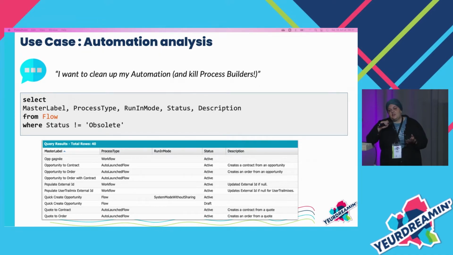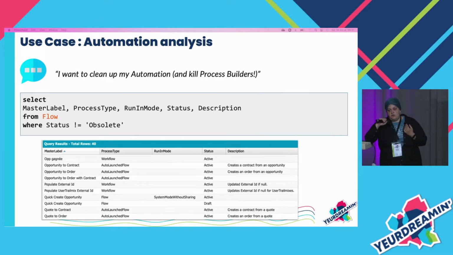Well, deactivated is obsolete in this kind of table. So to retrieve only one single line with the active and inactive flow, just skip all the obsolete, and then you will also have the process type to know if it's a record triggered flow, if it's a process builder, all this kind of information.